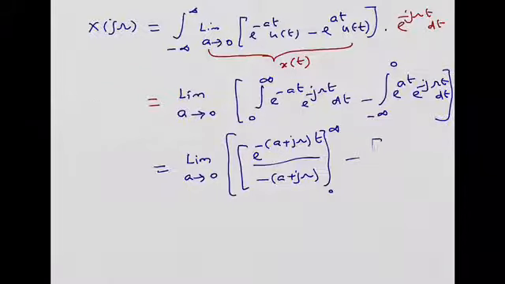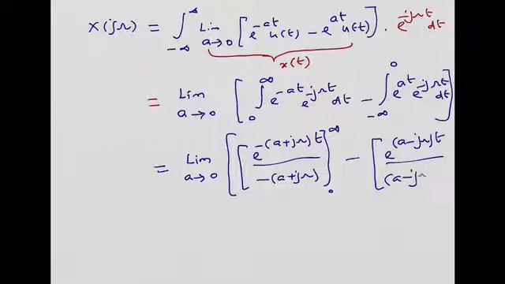As far as the second integration is concerned, it will become e power, you can notice that it is simply a minus j omega if they are combined, into t divided by a minus j omega, where the lower limit for t will be minus infinity and the upper limit will be 0.